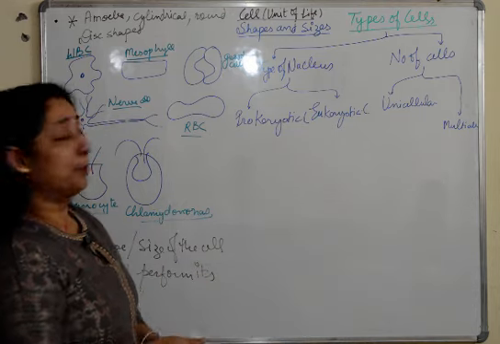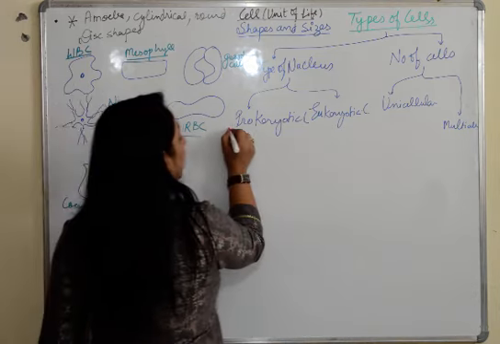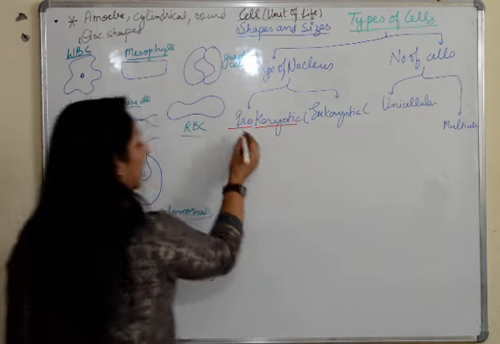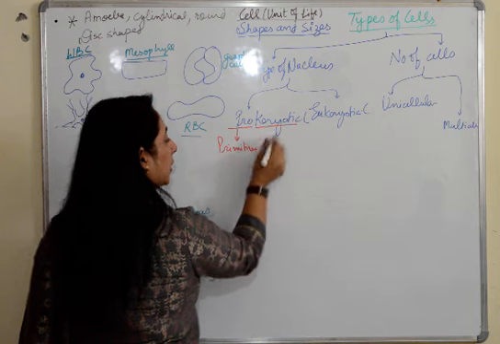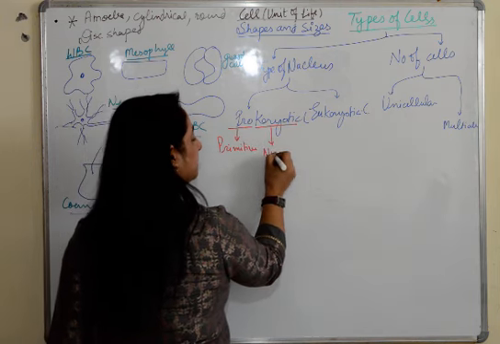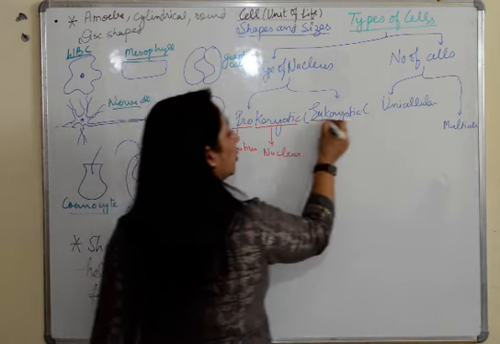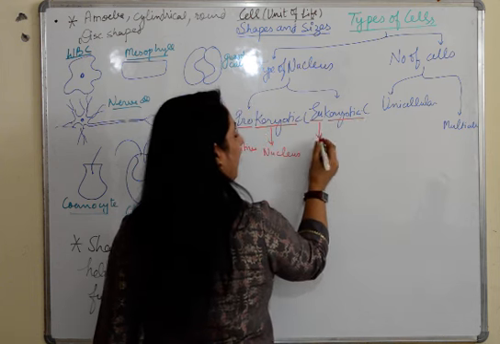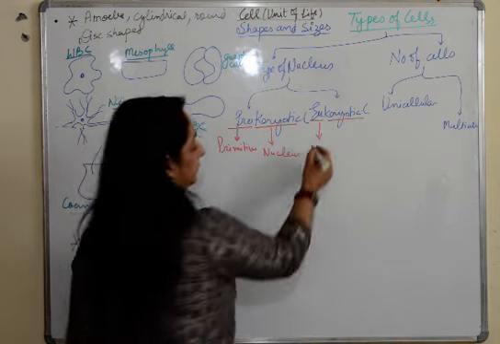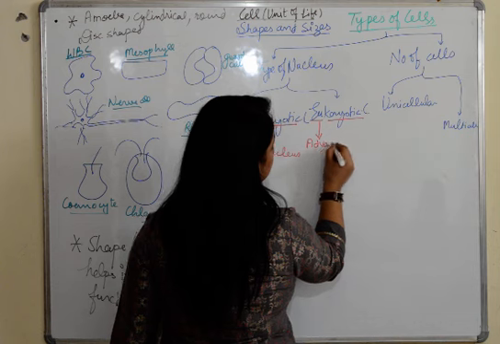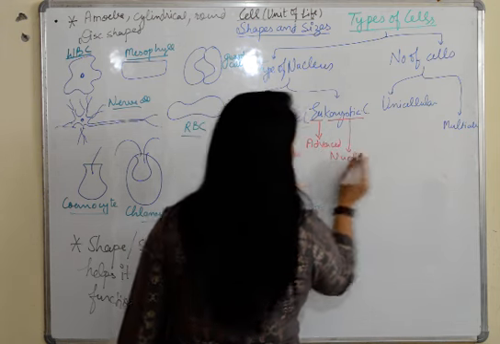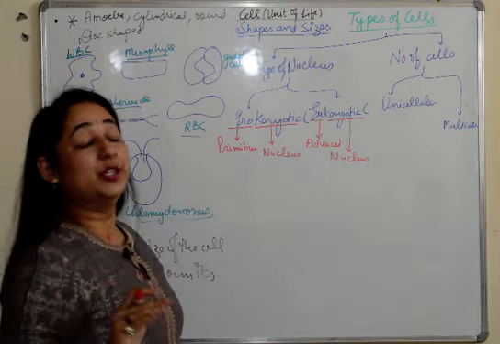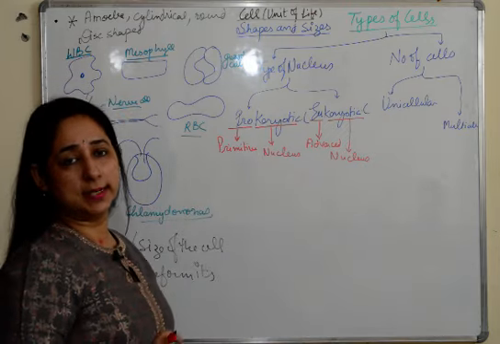The first one, prokaryotic cell. Prokaryotic, primitive, karyon means nucleus. Eukaryotic, advanced, and carry-on for nucleus. So the basic point of differentiation is the nucleus here.